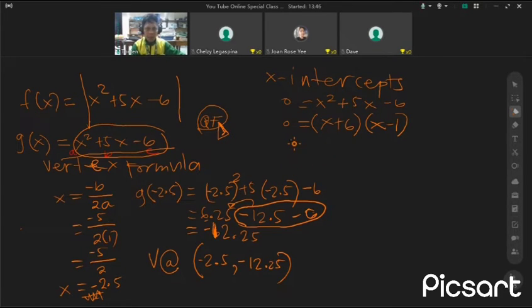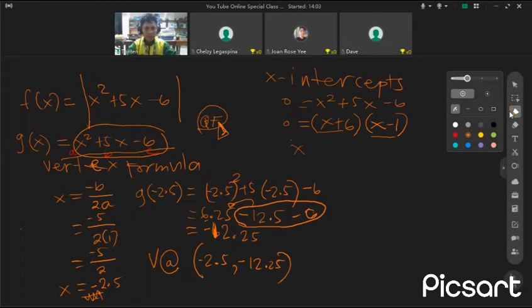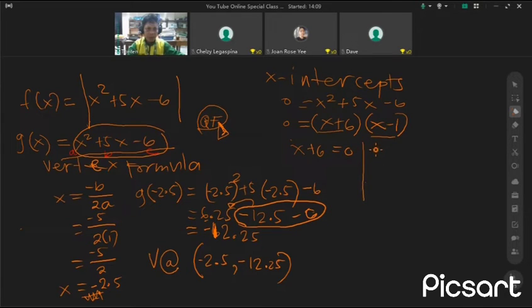We will set these two factors to 0. Thus, x plus 6 equals 0. The same is true with the other factor, x minus 1 equals 0.